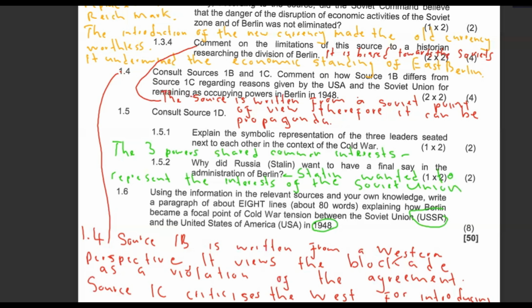Another thing I would want to draw your attention to is that you are supposed to use information in the relevant sources. So you choose information in the relevant sources. You are also supposed to stick to the length of 8 lines, writing in paragraph format.